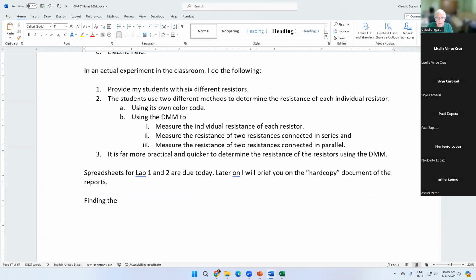Finding the resistance value by using the color code in the resistor.